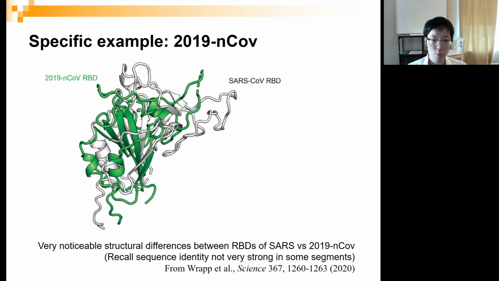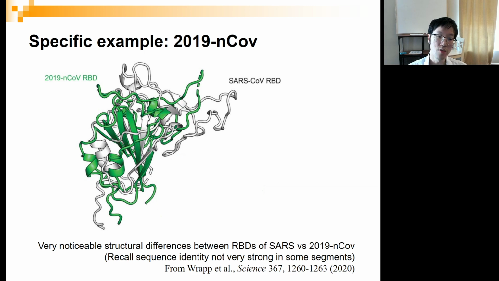We see that there are quite noticeable structural differences between these two RBDs, and that's not surprising because, as we saw when the sequences were aligned together, there were definitely parts where there was not a strong amount of sequence similarity, and we see those differences also reflected in this picture.